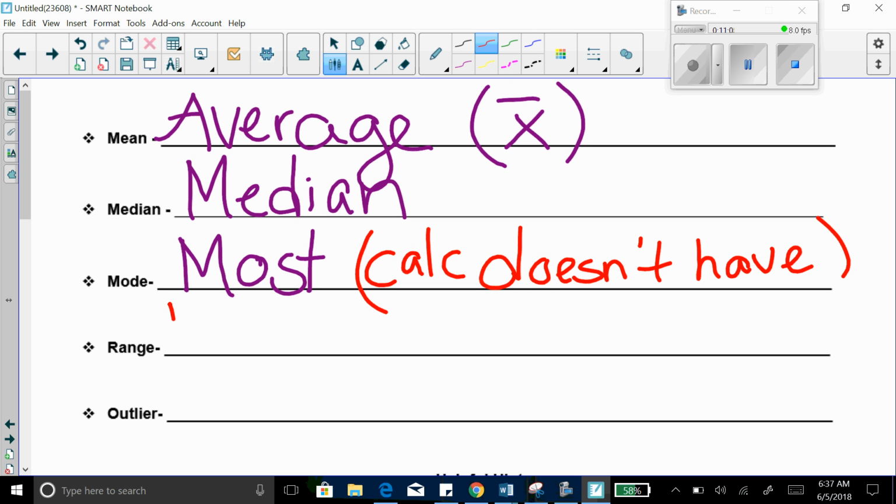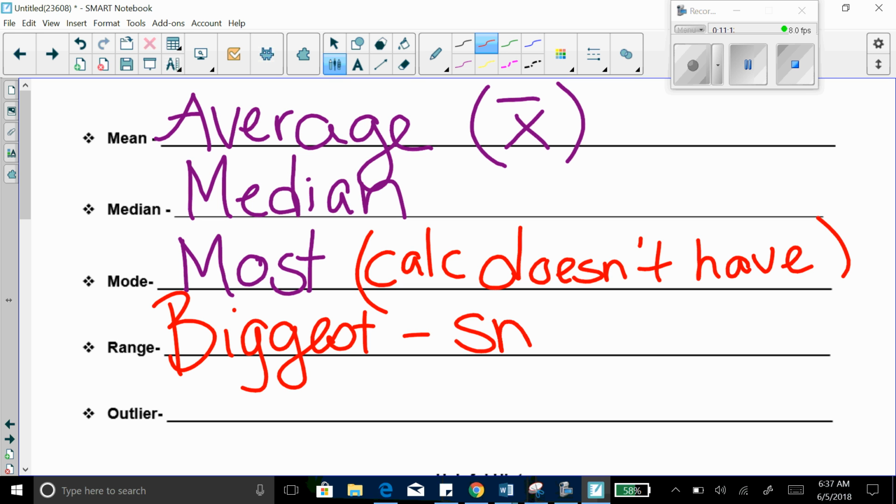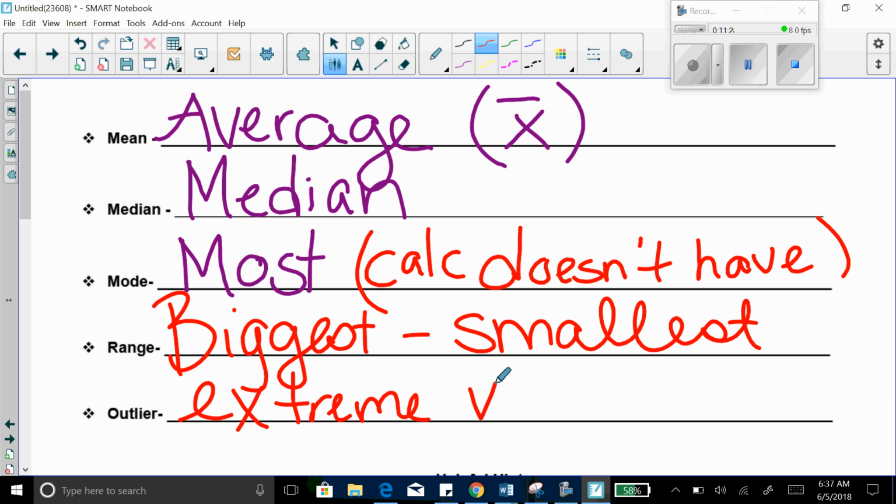Your range is your biggest number in a data set minus your smallest number in a data set. And an outlier is like an outcast or an extreme value, so one that is just not like the others.